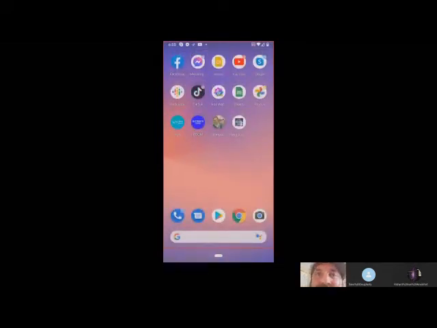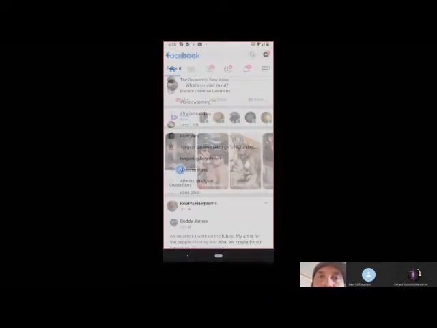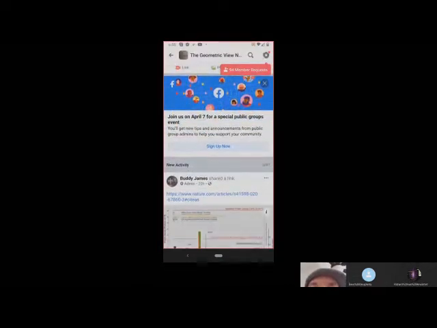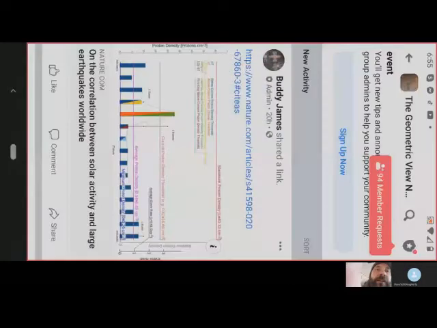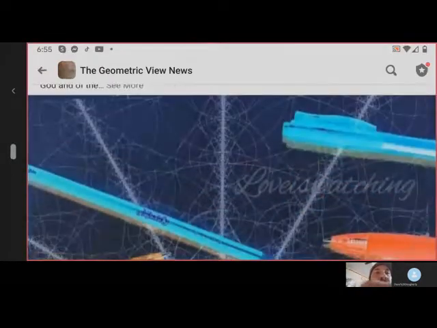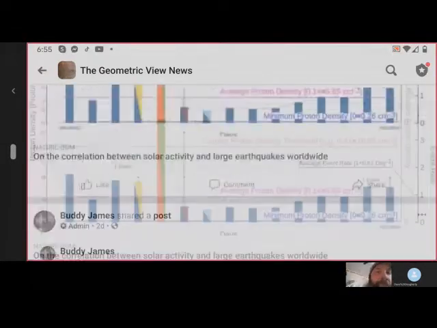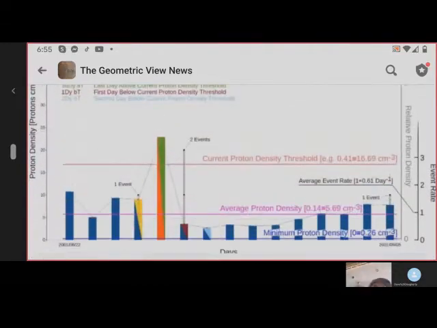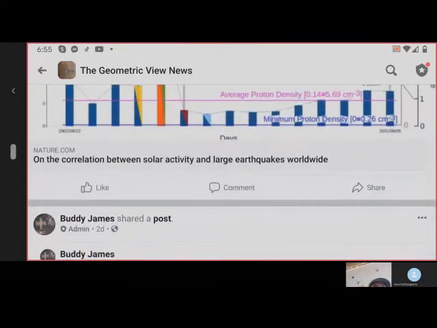Let's see. Facebook. Geometric View News. Here we go. I heard that it's better this way, so we'll scroll through this way. What is this here?